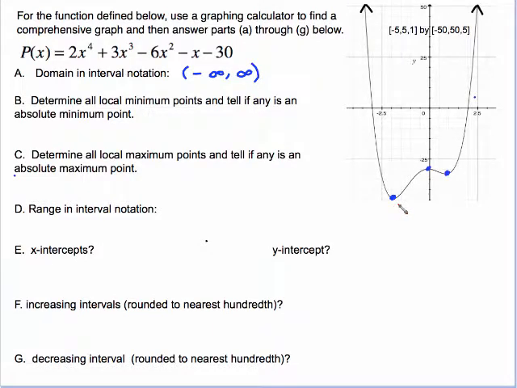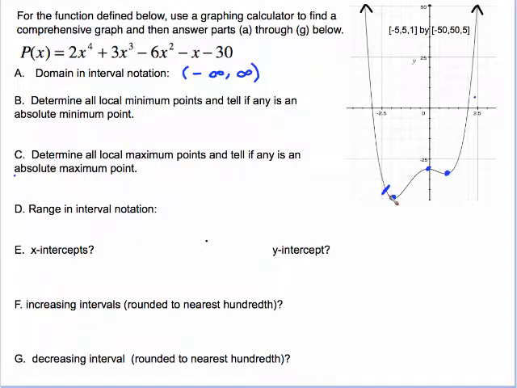So my steps are, number 1, hit trace. Use your left arrow to get your cursor over on this side, over here somewhere. My calculator says -2.23 for x, -41.3 for y, so that's about where I am there. Now hit second trace. Choose minimum, and it says left bound with a question mark.